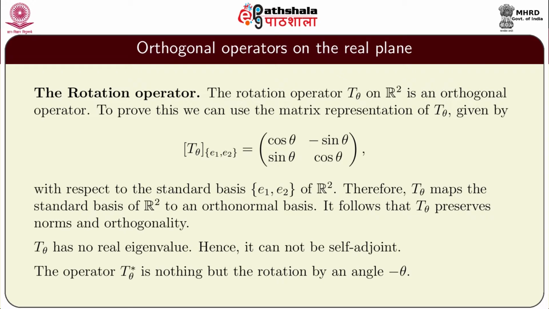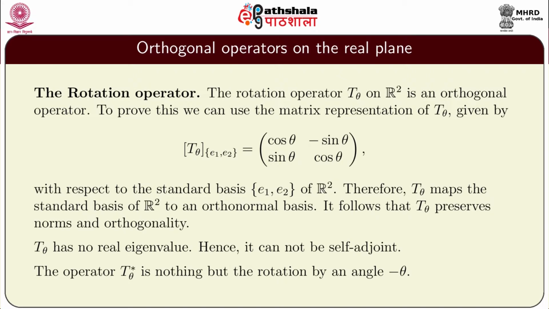Let us now see two very important orthogonal operators on R2, namely the rotation operator and the reflection operator. The rotation operator T theta on R2 is an orthogonal operator, and that we can see from its matrix representation given by cosine theta minus sine theta in the first row and sine theta cosine theta in the second row with respect to the standard basis of R2. Therefore, T theta maps the standard basis of R2 to an orthonormal basis.